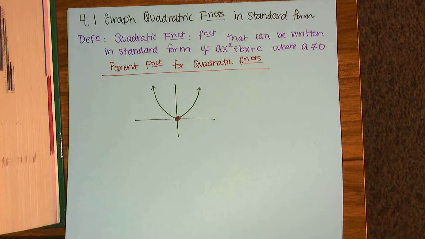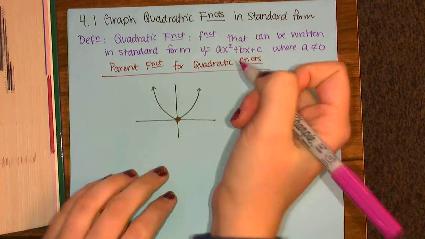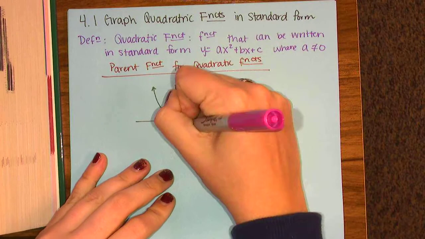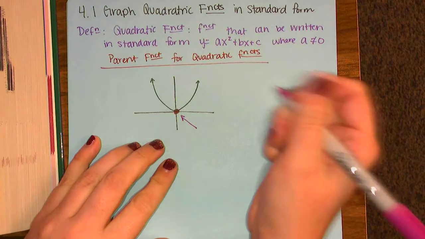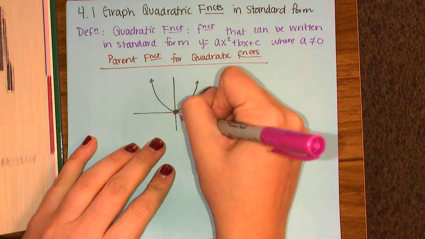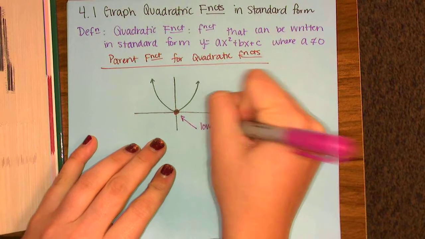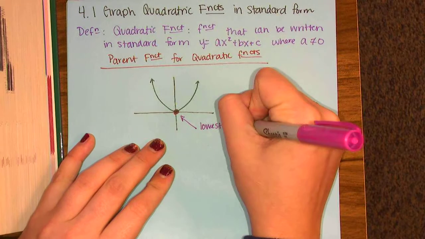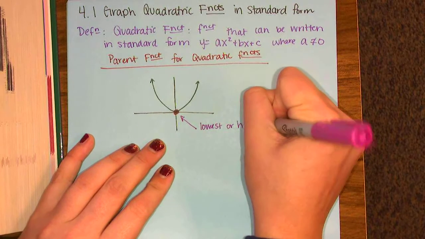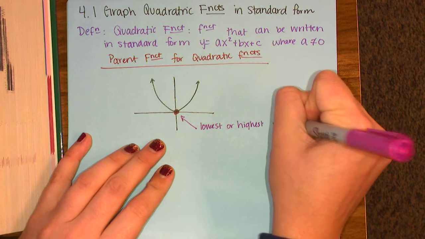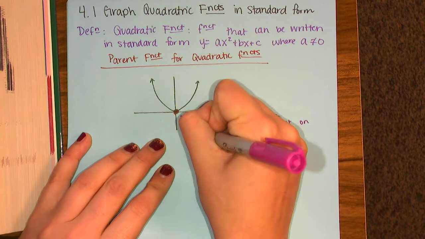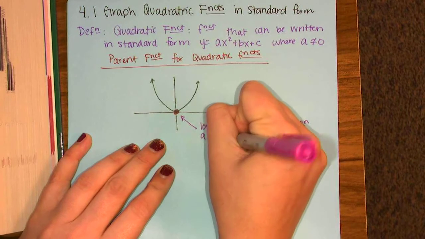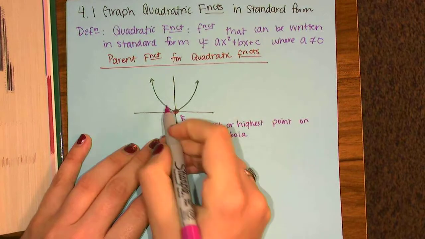Alright, so this point right here is the lowest point, or highest point if it's flipped upside down, but in this case the lowest point on a parabola. So this is called a parabola.